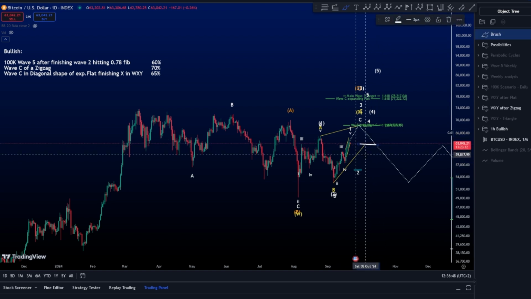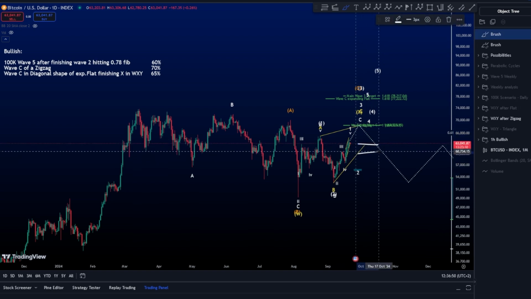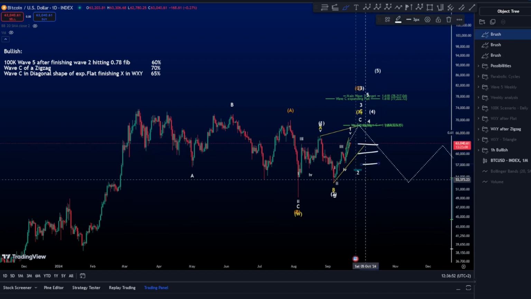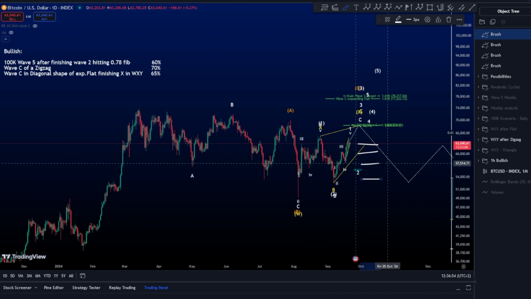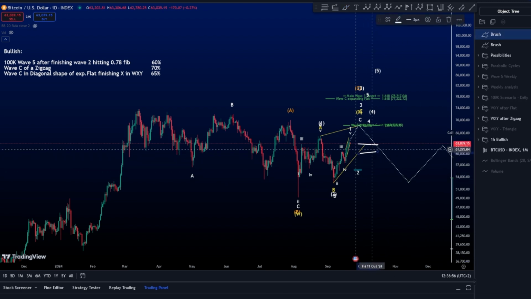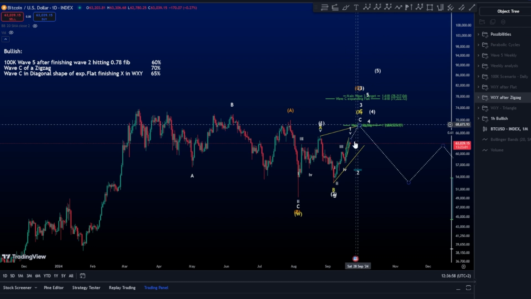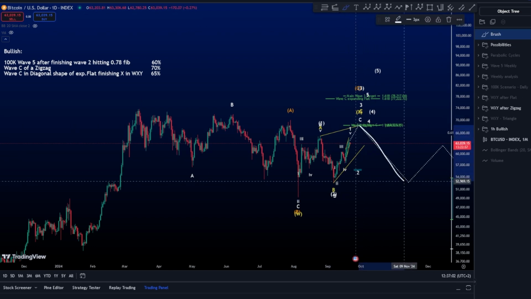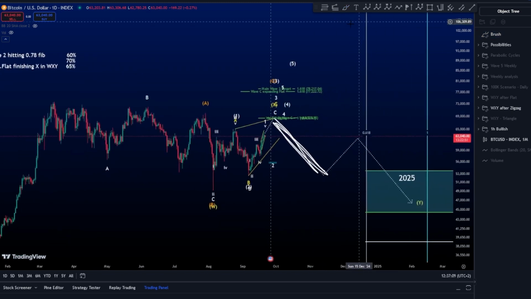Now, wave 2 could start from 0.38, 0.5, 0.6, and go until the 0.886, right? Once you reach the 0.886, that is the invalidation of this impulse. And that means we are in a zigzag, forming a wave A, sorry, for a zigzag, okay?